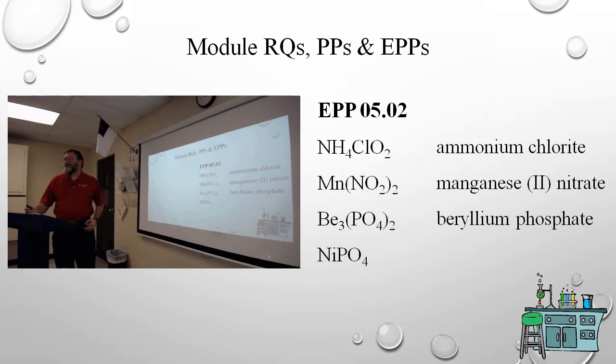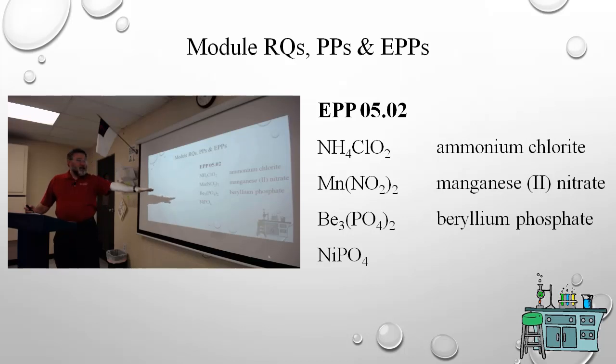Nickel phosphate, and this is another one. Where are you going to find nickel on the periodic table? It's a transition metal, so we need to figure out what the charge is going to be. Since we're given the formula, we can come up with a name. If you were just given nickel phosphate, you wouldn't know how to create the molecule, because nickel is a transition metal.